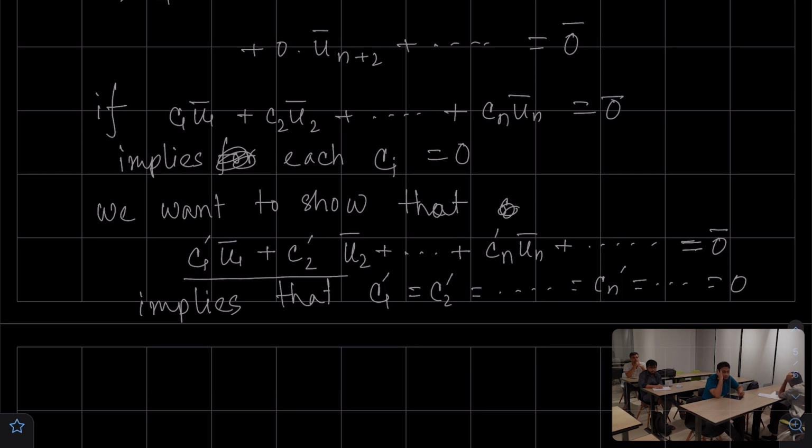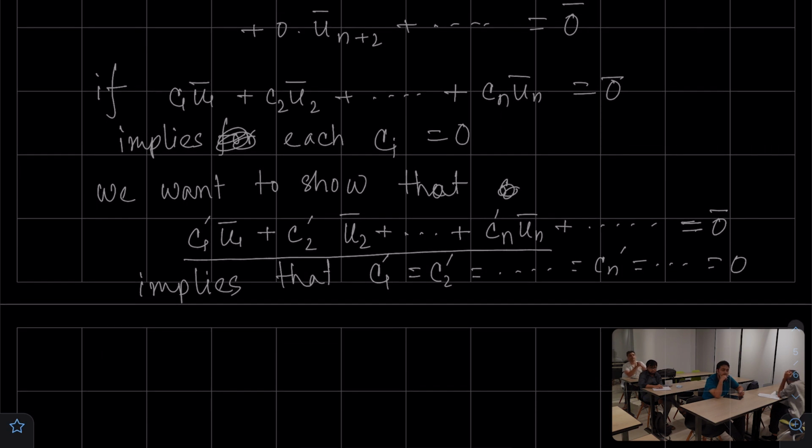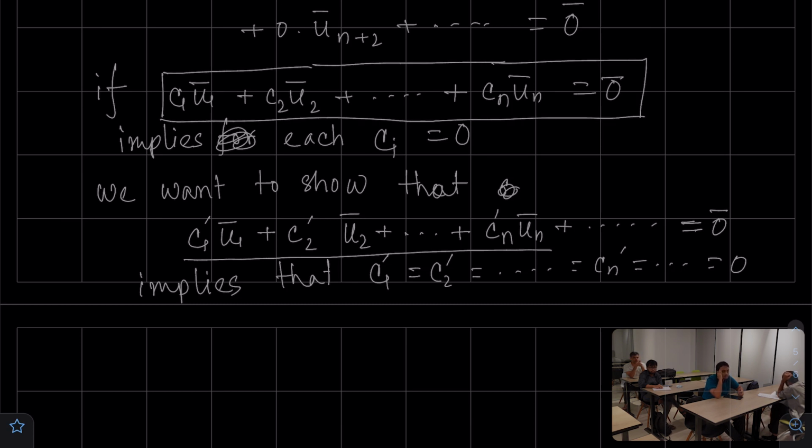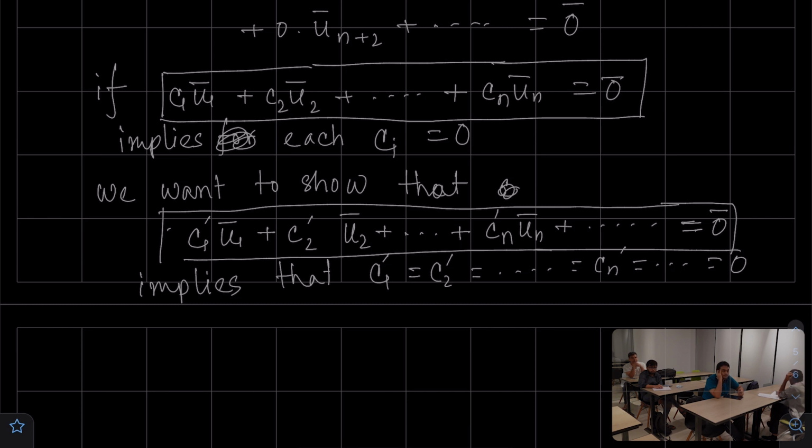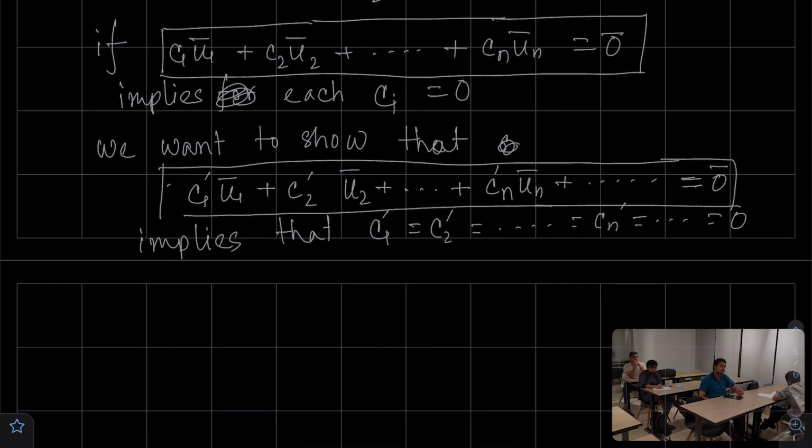Yeah, so for this part, for the first n, the first c1 to cn, we already know that they are zeros. But for the rest, now one starts with what is given. So this is given: c1 prime u1 vector plus c2 prime u2 vector plus ... cn prime un vector. This is also given, the last line, right? One needs to show that all these scalars are zero.